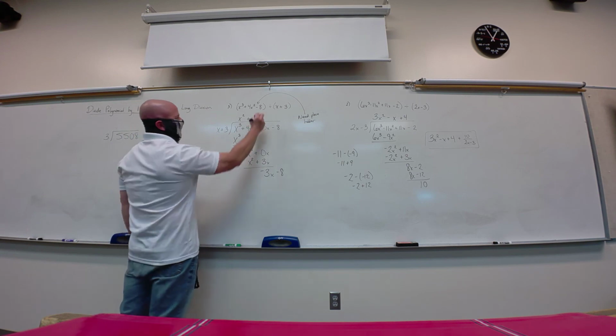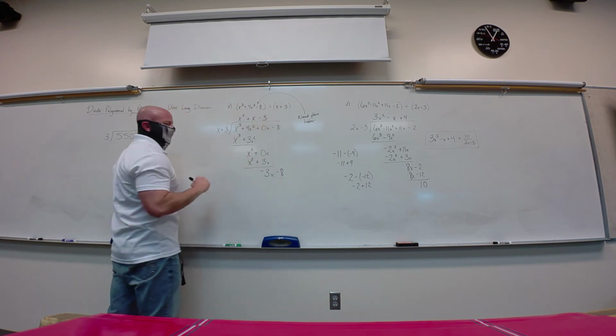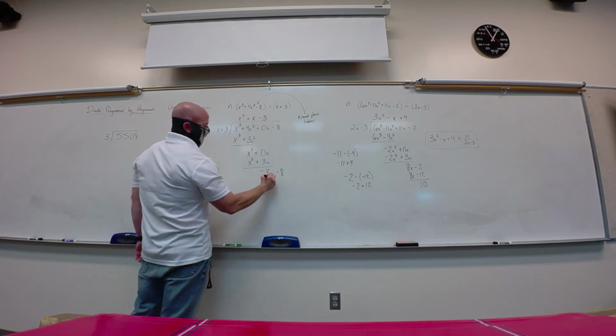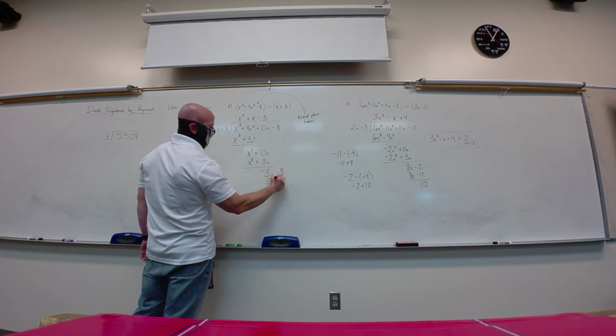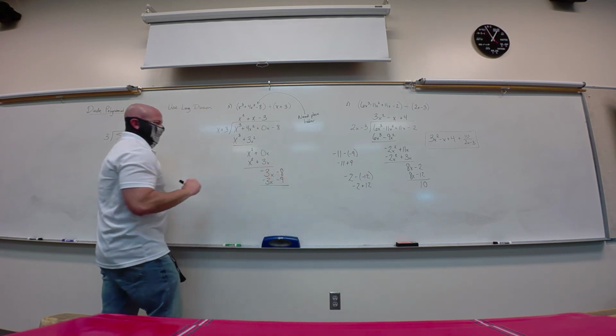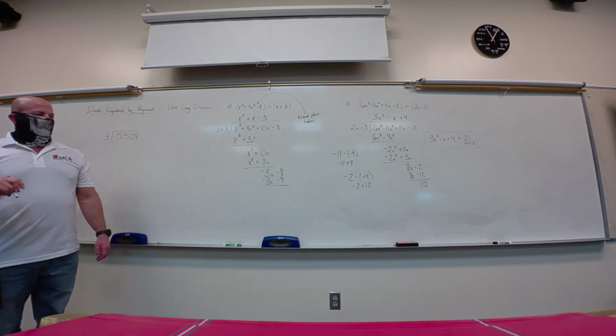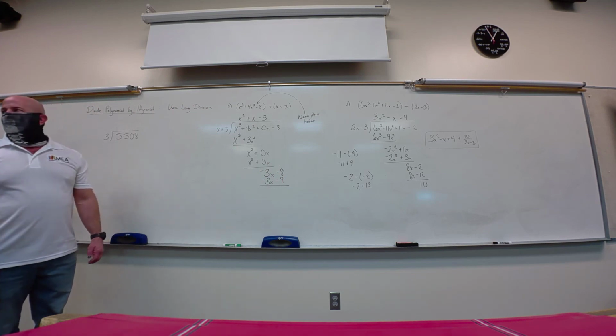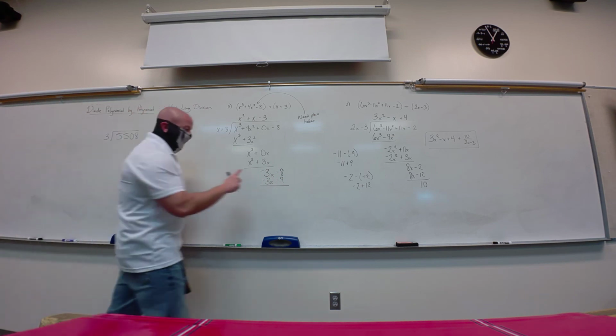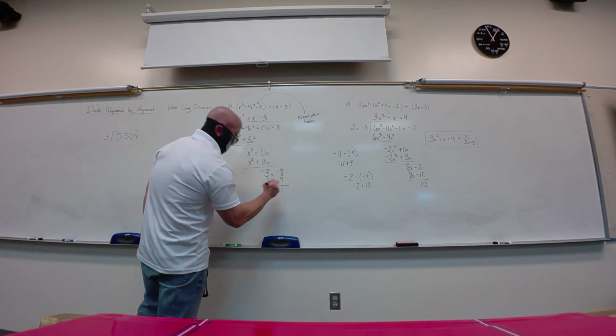X times negative 3 would be negative 3x. Now minus 9. And then here comes that subtraction again. Negative 3 minus a negative 3 is 0. Negative 8 minus negative 9 is 1.